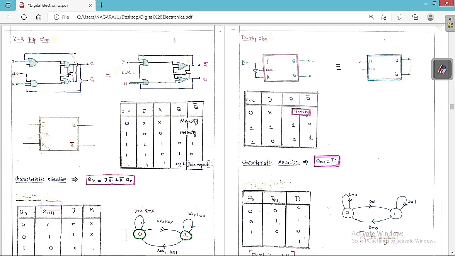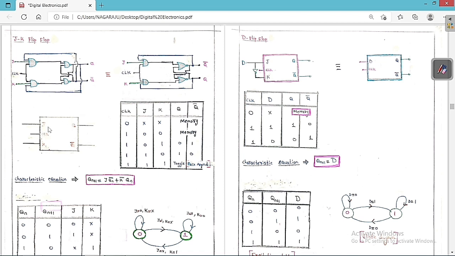Toggling means continuous change, continuous fluctuation from 1 to 0, 0 to 1. The remaining states are the same as the SR flip-flop. Only the invalid state changes and everything else is the same as the SR flip-flop. So these two circuits are equal.